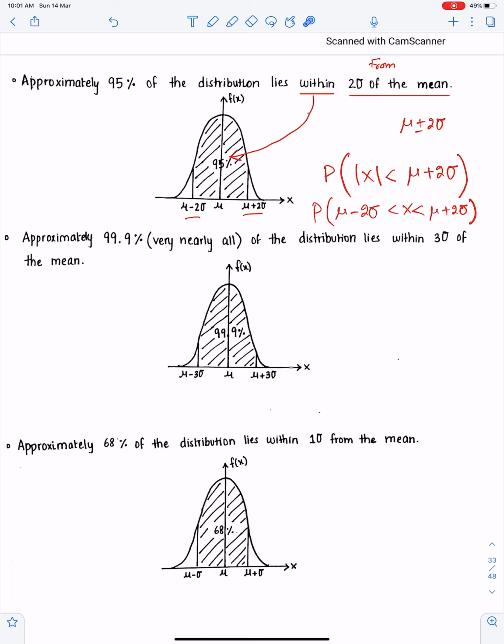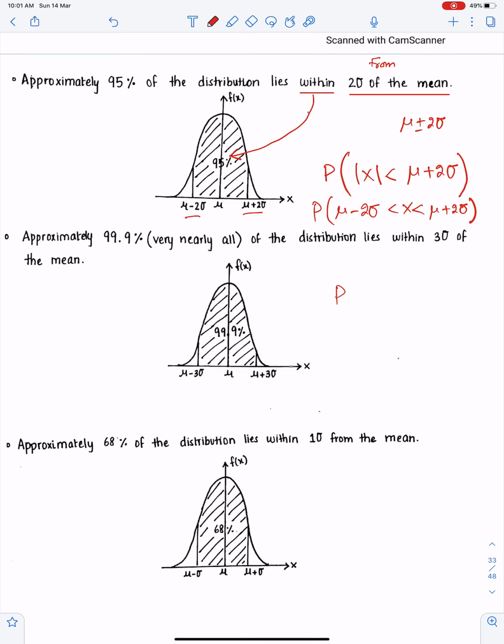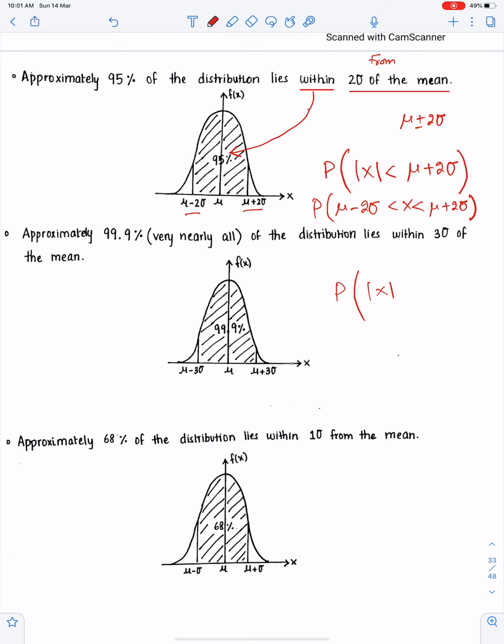So whenever it says 2 standard deviations of the mean or from the mean, that means mu plus minus 2 sigma. And in modulus terms, it should be modulus x minus mu less than 2 sigma, since within means less than, and you can remove this modulus like this. Well, this means within 3 standard deviations of the mean. So this means modulus x minus mu less than 3 sigma.